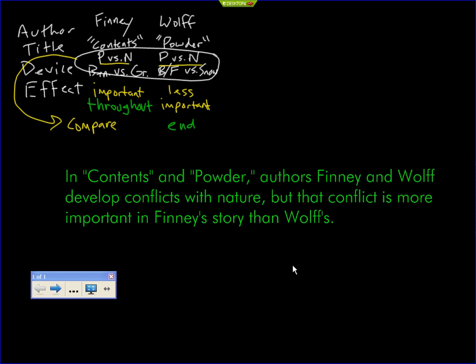No, it makes me specific on this conflict. Right, but if... Go ahead, Jeremy. No, because then that seems to mean that his conflict is more important universally, outside the story and everywhere, but we're saying it's more important in the story. That's why I have in Finney's story. Okay, so in means I'm locating the importance in the story, but not outside of it.